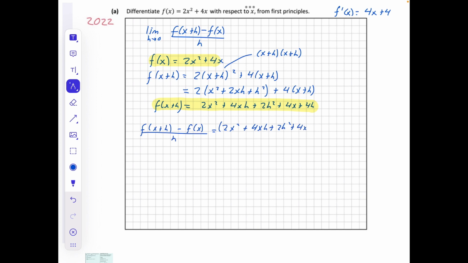So it's going to be 2x squared, minus f of x, which is 2x squared plus 4x, all divided by h. Now I'll just write this out without the brackets.